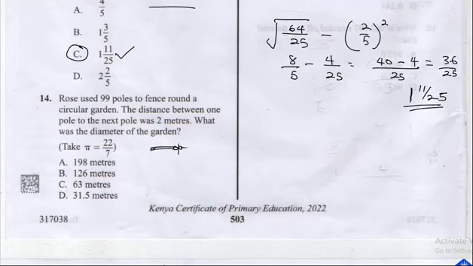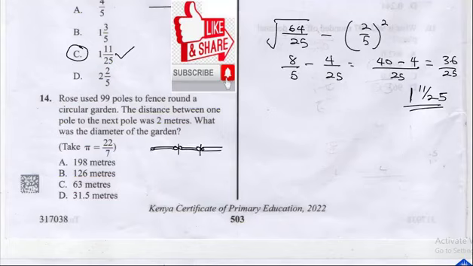Now, this is another pole, and another pole, up to 99. Notice it said the distance between one pole to the next is 2 meters. So that's the first thing we want to establish.